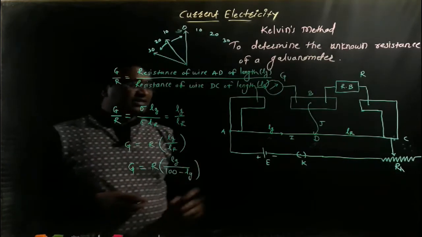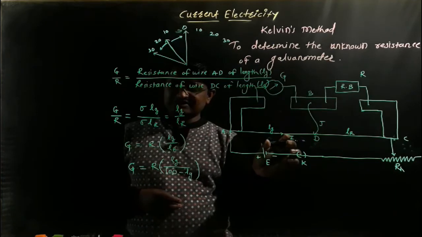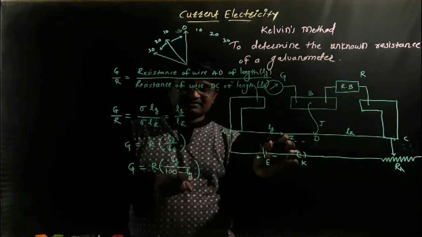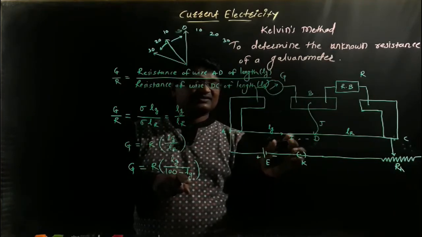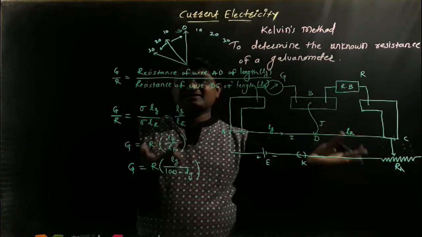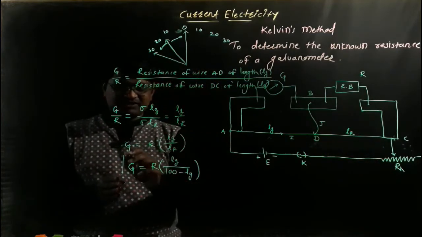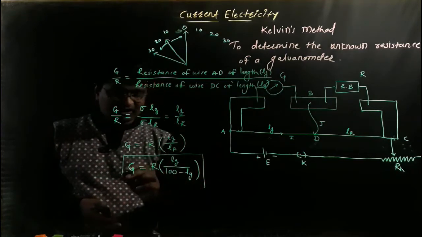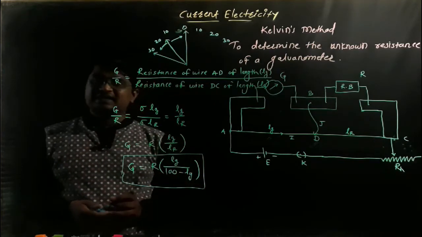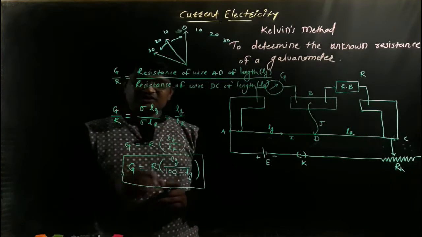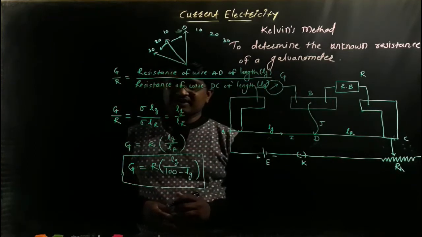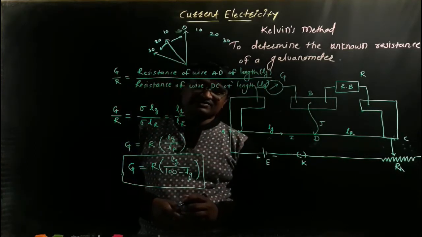Imagine LG is 30, then 100 minus 30, so LR is 70. The same formula we can use to find the unknown resistance of the galvanometer: G is equal to R into LG upon 100 minus LG.